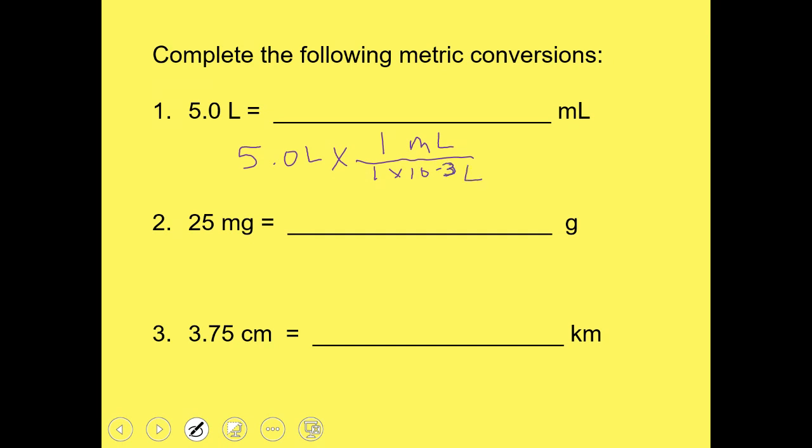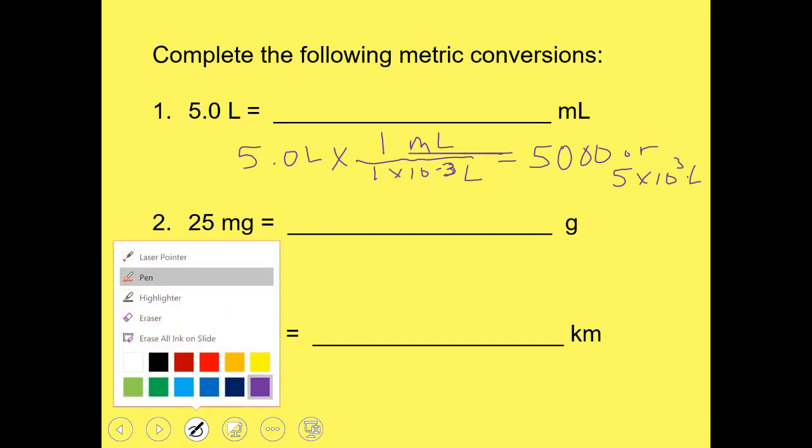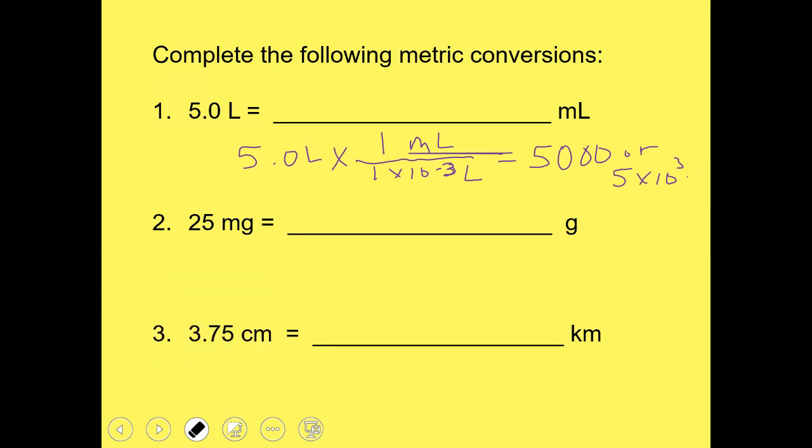So I would take 5, divide by 1 times 10 to the negative 3, and I get 5,000, or in scientific notation, 5 times 10 to the third milliliters.